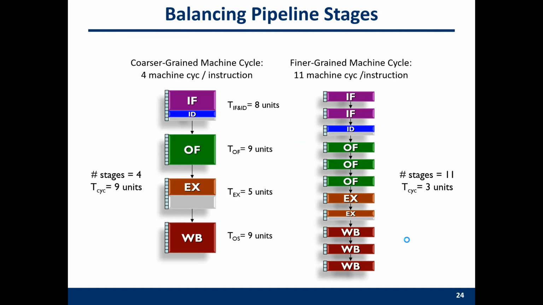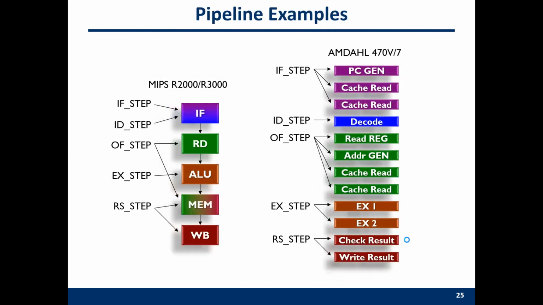So instead of 5, we can have 11. So if we divide, this is so-called deeper pipeline. Actually, in the real CPU design, they have already done it.